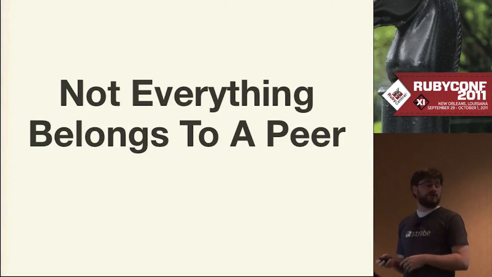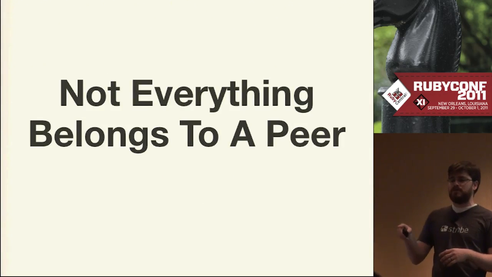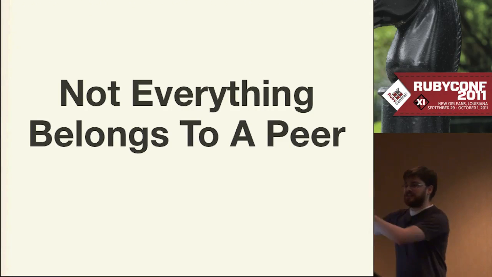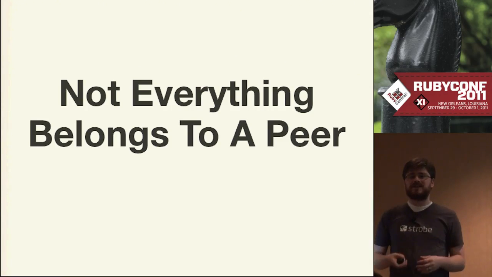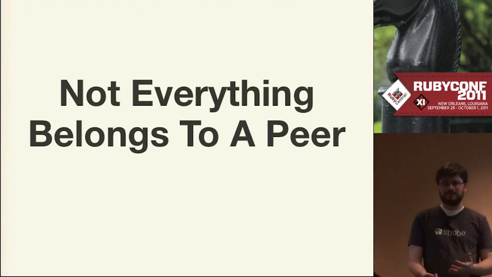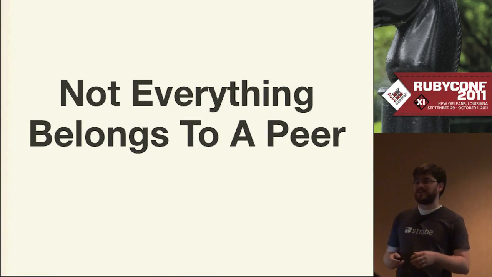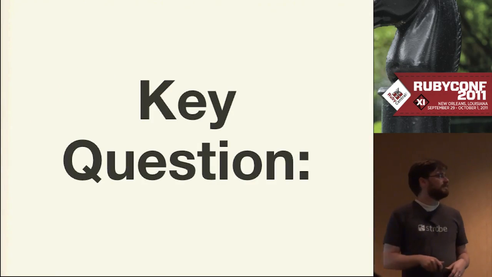And the key thing to notice here is that not everything belongs to a peer. You can't just infinitely delegate things out. There has to actually be some domain logic contained inside of your domain objects. And not everything inside of there, if you use objects, has to be mocked out.